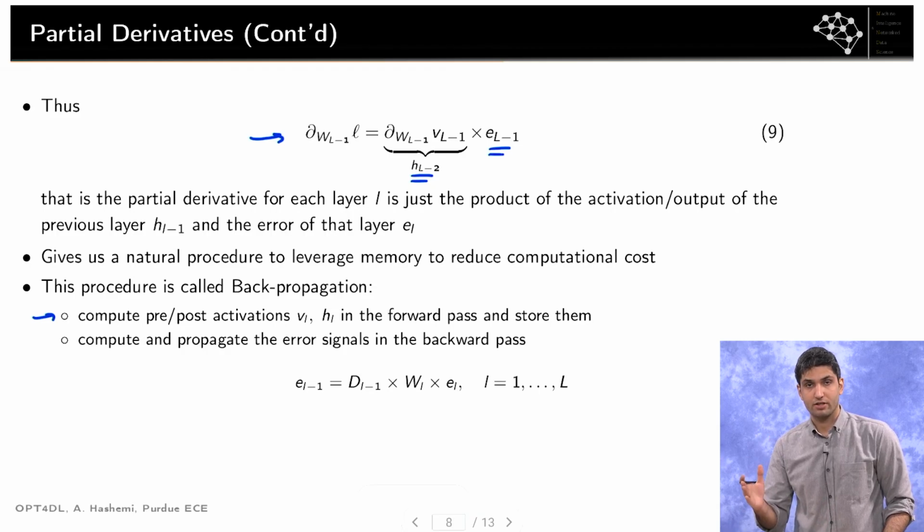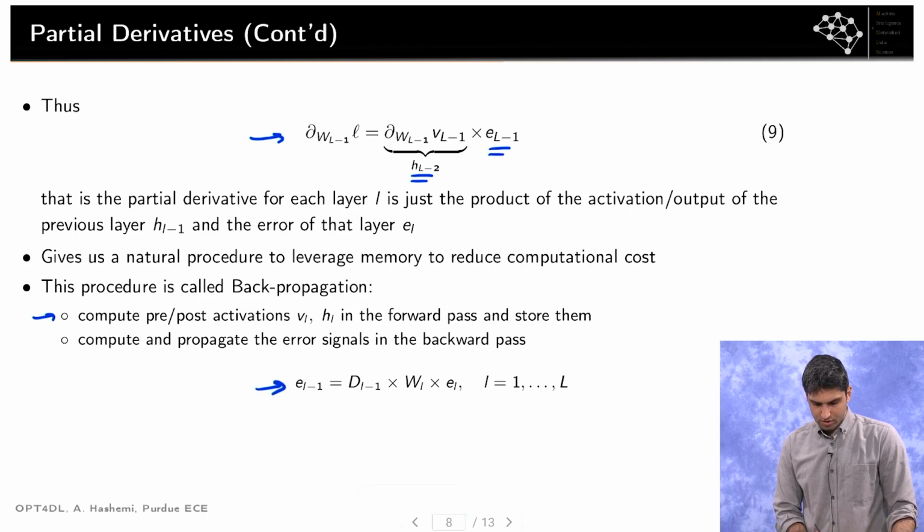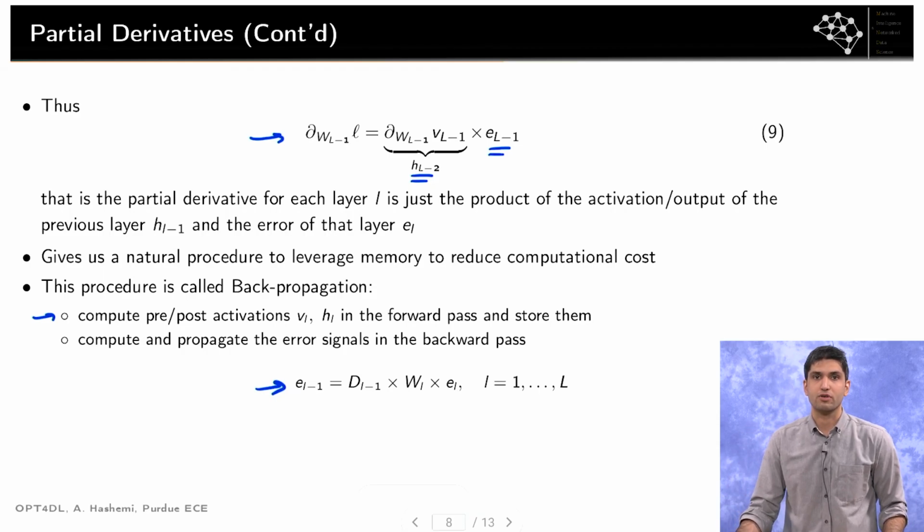I first calculate the error for the last layer. I propagate that back to calculate the error for layer L minus 1. By doing so, I'll be able to calculate the partial derivatives of the loss with respect to the weights of that layer. So this is how the error signal for one layer depends on the error signal for the next layer.